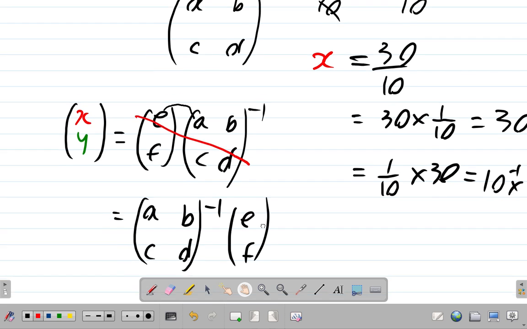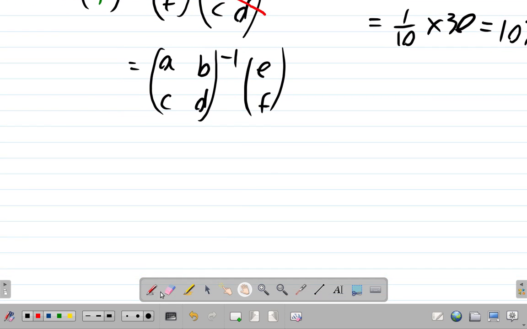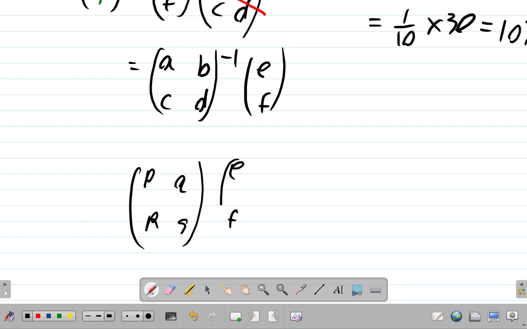But fortunately, you can multiply a 2 by 2 matrix by a 2 by 1 matrix. Suppose the inverse of ABCD was PQRS. And you multiply that by EF.